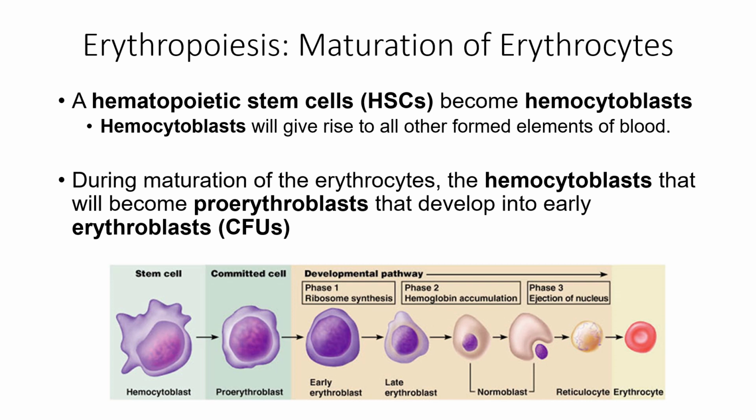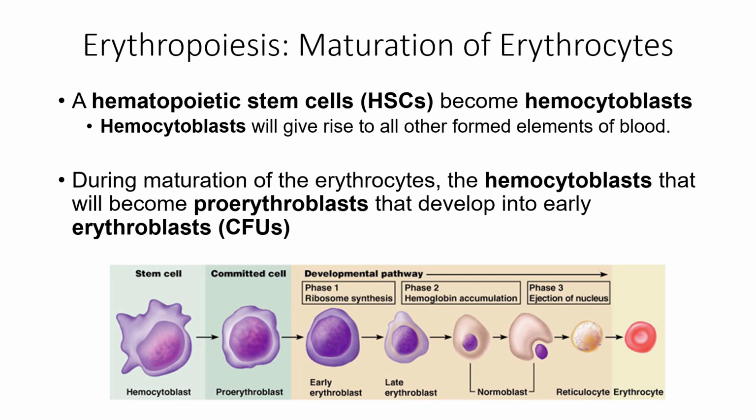Hemocytoblasts, anytime that you hear the word blast on the end of a cell, it means that that's a building cell. So hemocytoblasts, meaning the cells that are going to build blood cells, become blood cells. Blast always means a building cell.